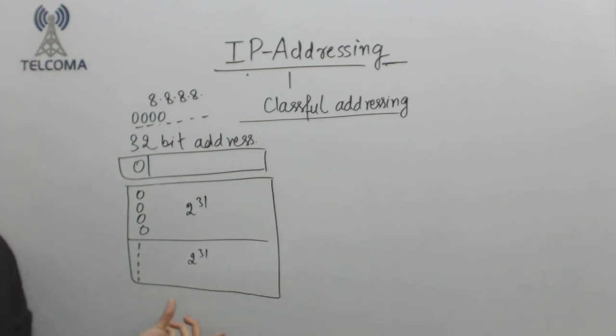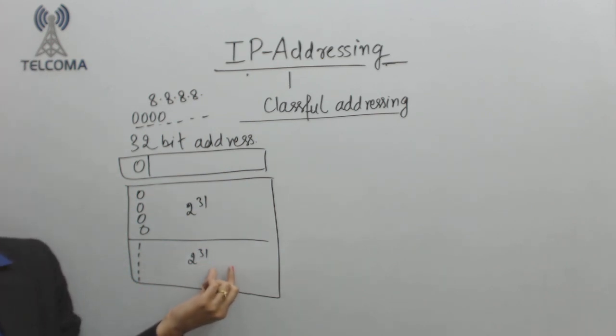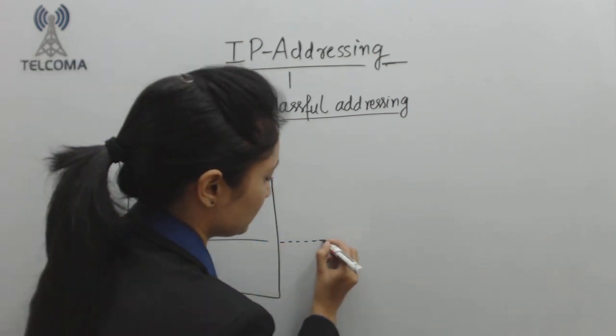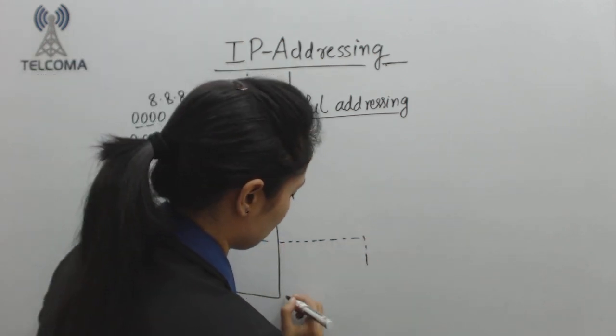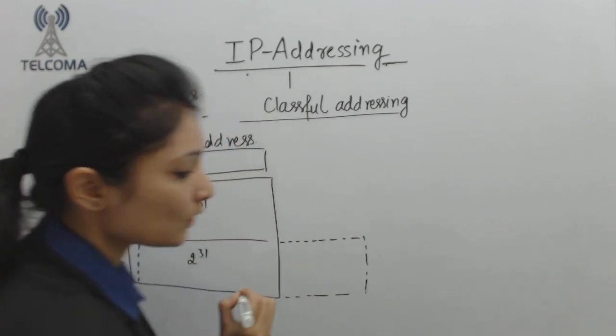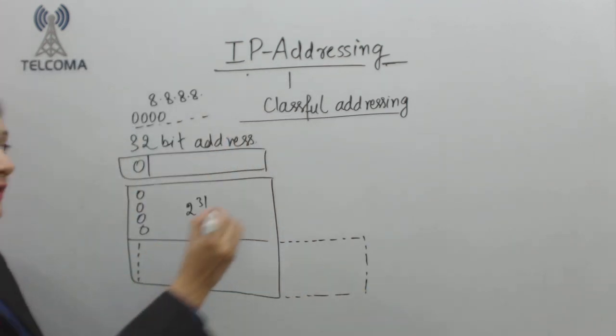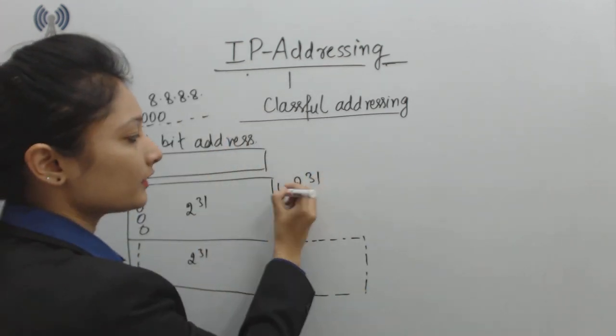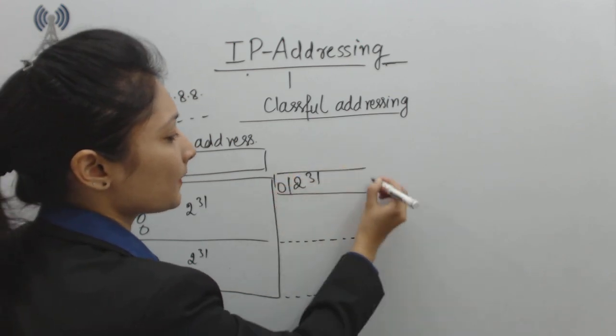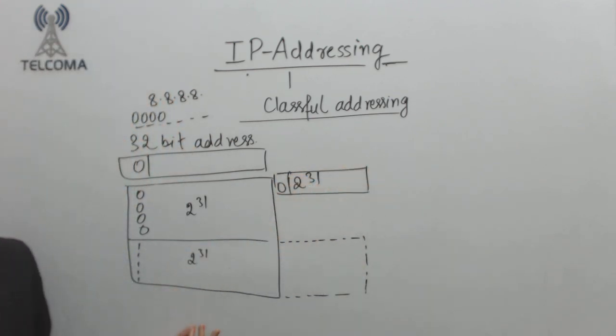Now, if I again take this part here, I'm left only with 2 raised to power 31, and my 0 here is already taken.